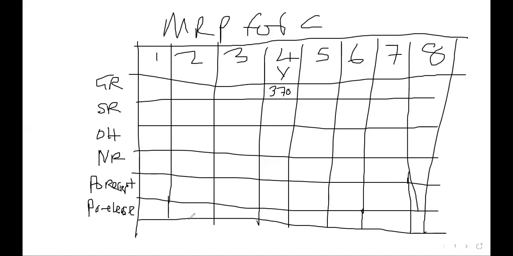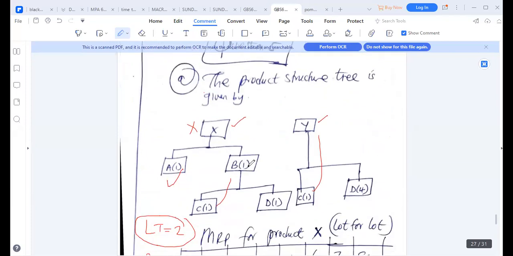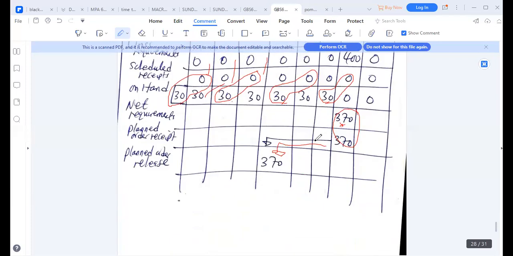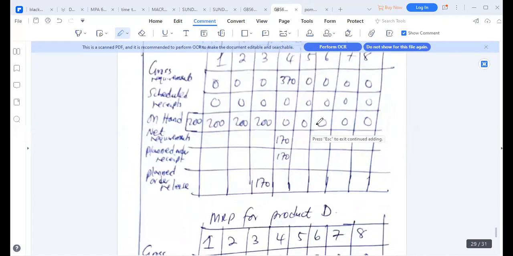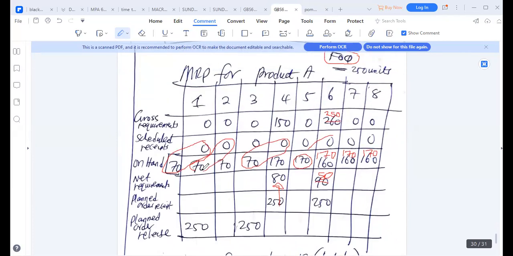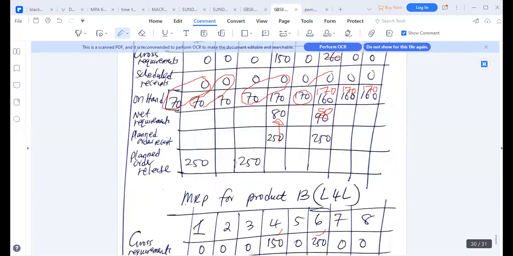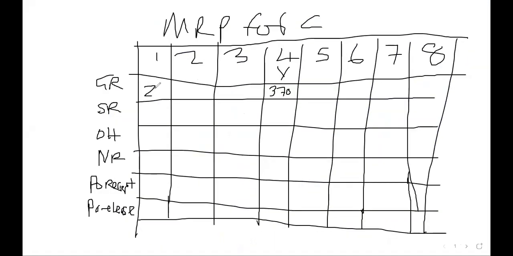The C is coming from B. So you go to B, what we prepared as MRP for B. In the MRP for B, you have a 250, so 250 in week 1 and 250 in week 3. So 250 week 1, also we have a 250 week 3. The rest are zeros.